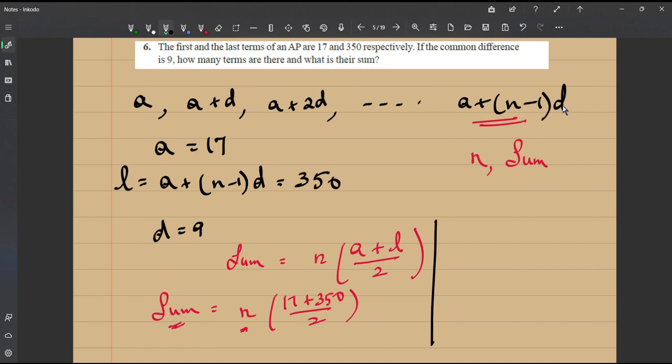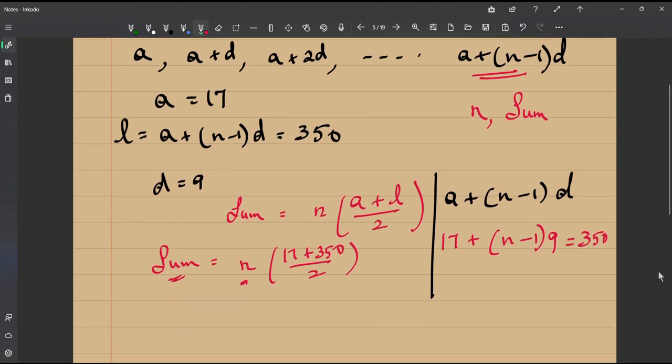The difference is given to us. So let us proceed. In this a plus n minus 1 into d, we know what a is. It is 17 plus n minus 1 into d, and d is 9. All these were given to us. And all of this is equal to 350.